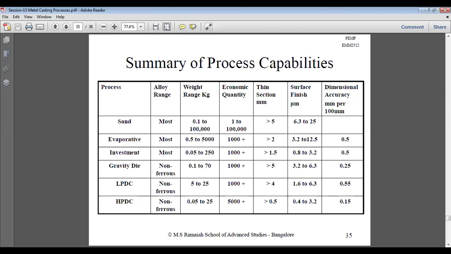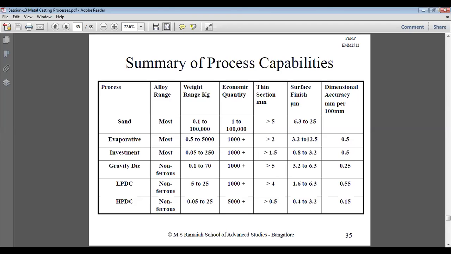So gravity die, low pressure and high pressure are basically used for non-ferrous metals like brass, aluminum, silver, and other non-ferrous metals and alloys. So we can see the weight range. We can sand cast up to 100,000 or 1 lakh kilos.